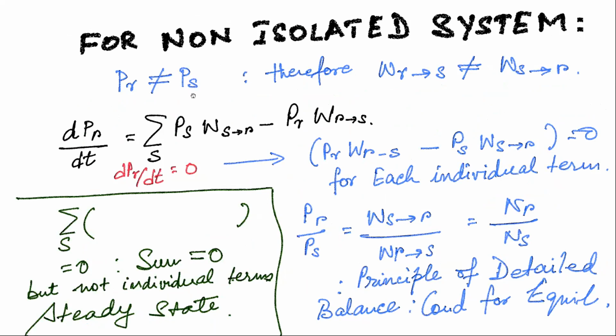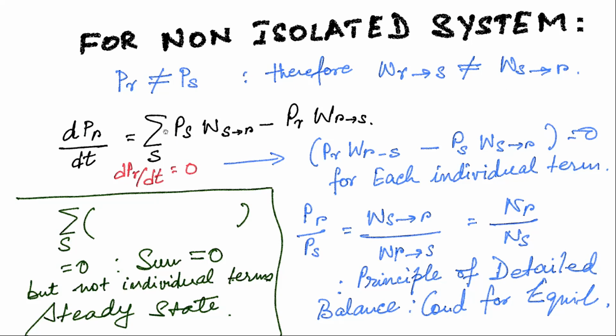The probabilities of different microstates are not the same if the energies are different. Only if the energies are the same are the probabilities the same, and if there are transitions from one state to the other where the energy is not equal, WRS need not equal WSR.